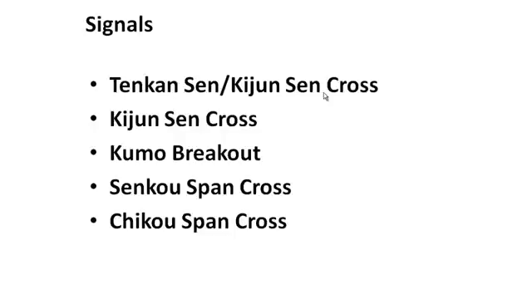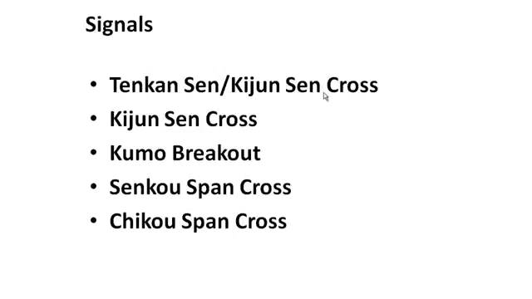The signals are the Tenkan-sen, Kijun-sen cross, I'll just say TK cross, which is where price actually passes through Kijun and closes above. The Kumo breakout, which is where price actually breaks above the Kumo and closes above.